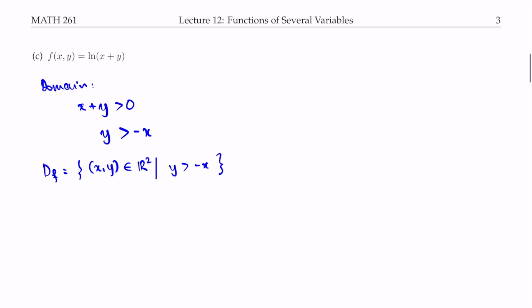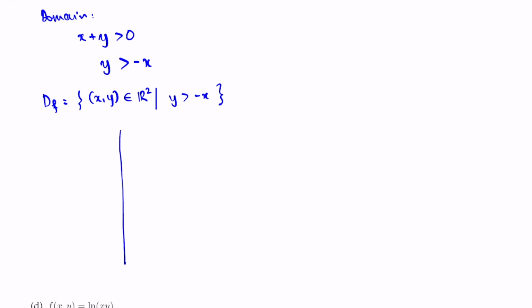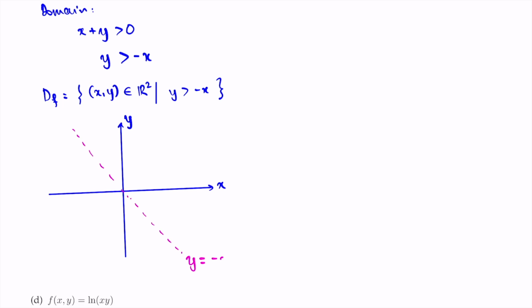So let's visualize this domain of the function. You plot the 2D plane or the xy plane again, and you plot the function y equal to negative x. Now you don't have the equal sign, so instead of a solid line, I'm going to use a dotted line. This is the line y equal to negative x.